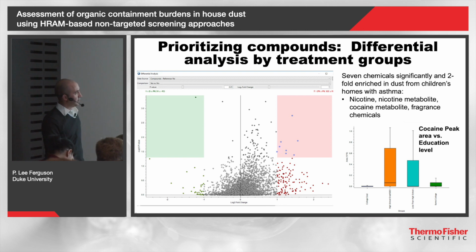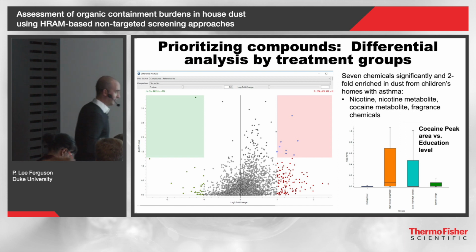And so what's interesting is if we look at cocaine and the cocaine metabolite, these are actually prominent in our list. And what's interesting is that you can plot this versus education level. Sorry, you can't see this, but this is college graduates, right? There's not a lot of cocaine in their dust. High school grad, GED, only high school is a little more cocaine there.